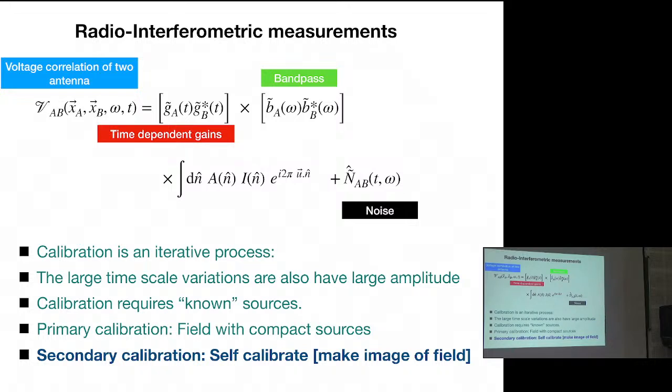To do the calibration at smaller time scales, you need to make an image. So the self calibration requires an image. You have to make an image for two different reasons, but that is one of them.